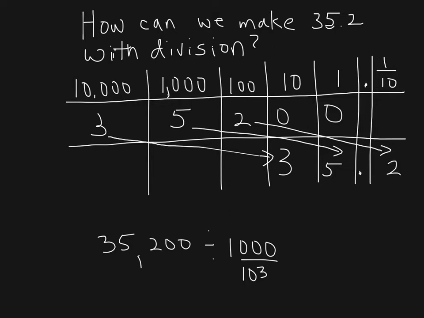And that means that my final answer will be 35 and 2/10, which is just what I was aiming for. And of course, there are several other ways you could do this. You could take 3,520 and divide it by 100, or you could take 352 and divide it by 10 to get 35 and 2/10.